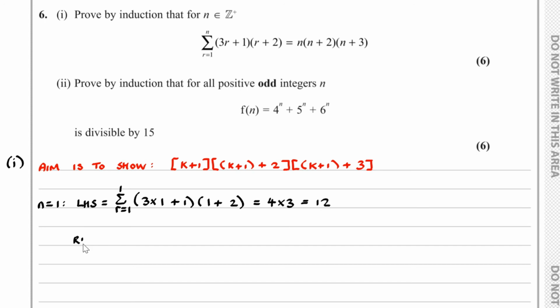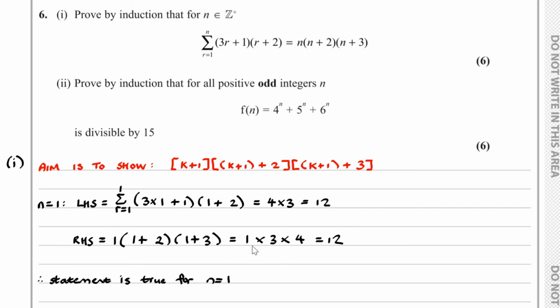And on the right hand side, when n is equal to 1, we have 1 lots of 1 plus 2 lots of 1 plus 3. So over here we have 1 times 3 times 4, which is 12. And what we see over here, the left hand side is equal to the right hand side. We can conclude that the statement is true for n equals 1.